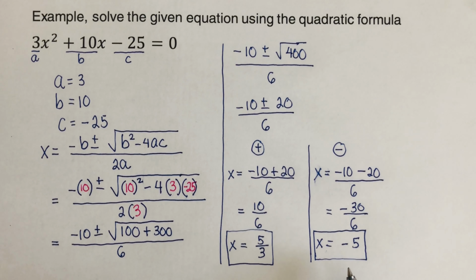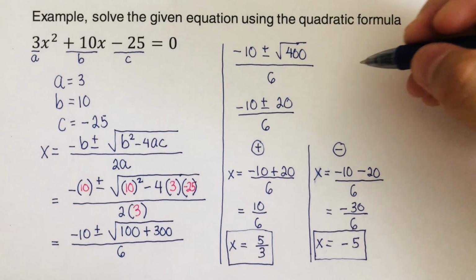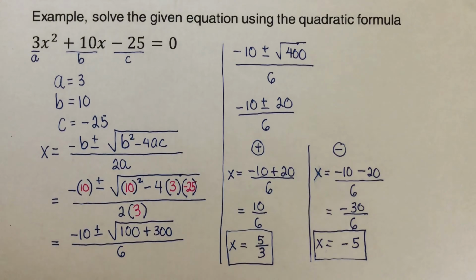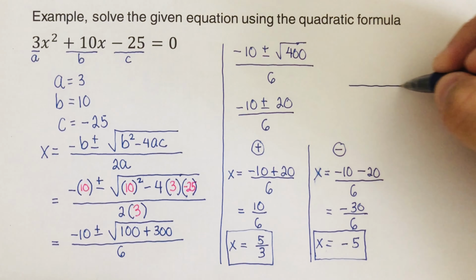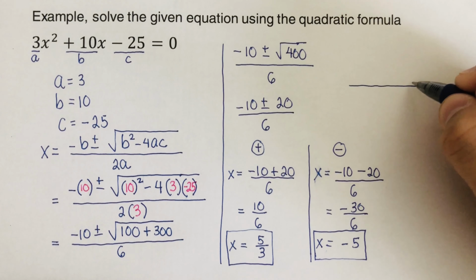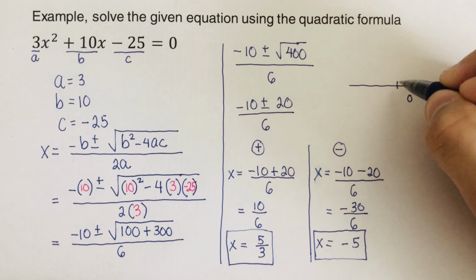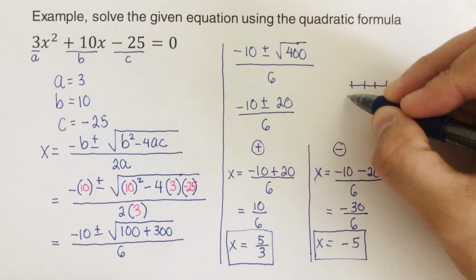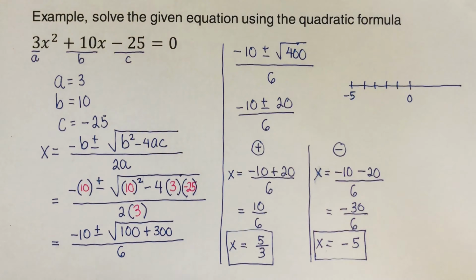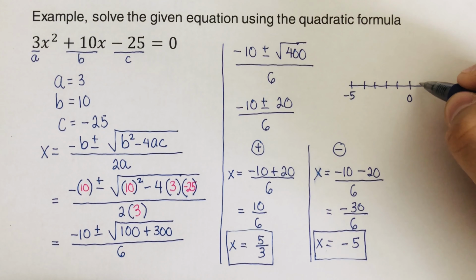So what does this value mean? It means that if we are going to sketch the graph here, the parabola is going to cross at 0, 1, 2, 3, 4, 5. This is negative 5, and 5 over 3 is around 1.6, so that is 1 and 2, so this is 2.